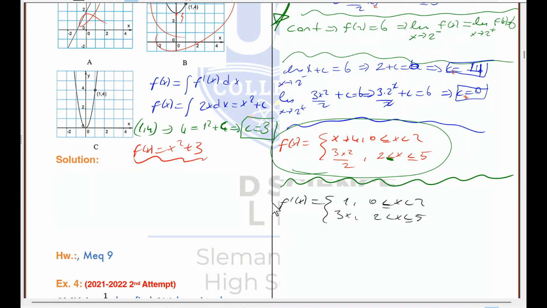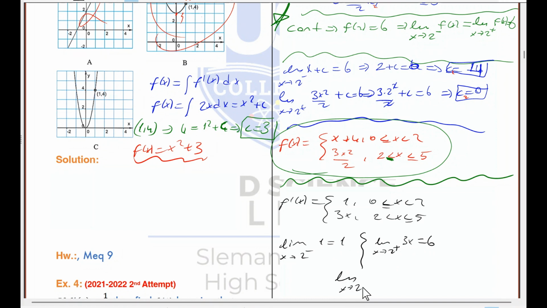Okay, now since I have the derivative, let's find the right and left side limits at 2, which is equal to 1 for the first one. For the second one, limit as x approaches 2 from the right, x bigger than 2 condition, which is 3x. Substitute 2 back, it's going to give you 6. So 1 and 6, they are different.